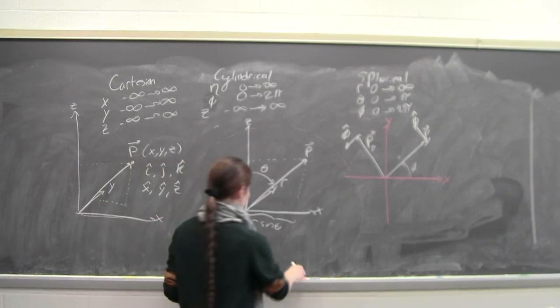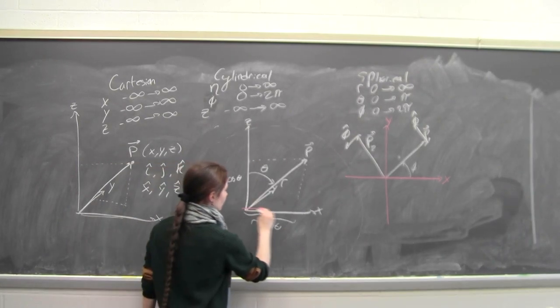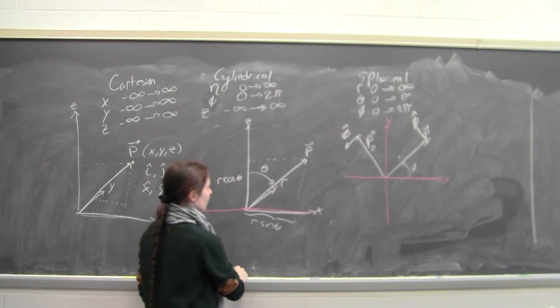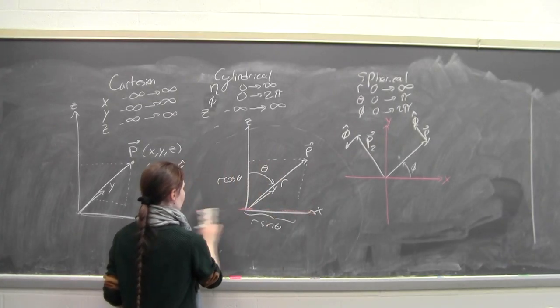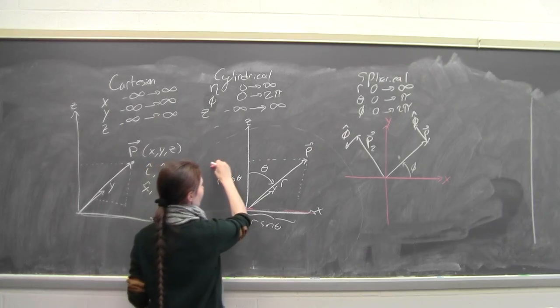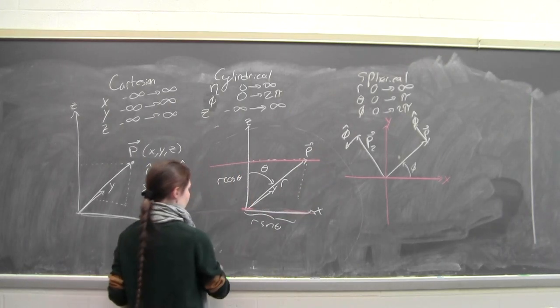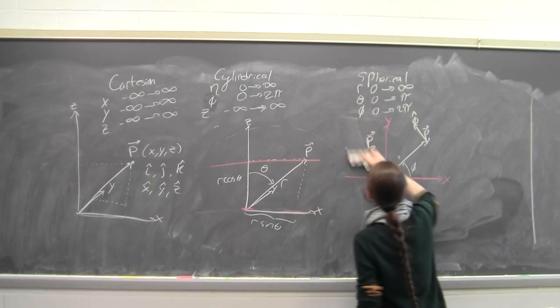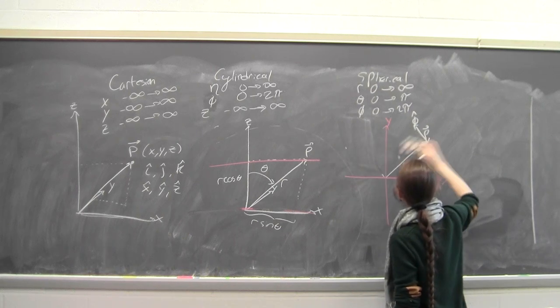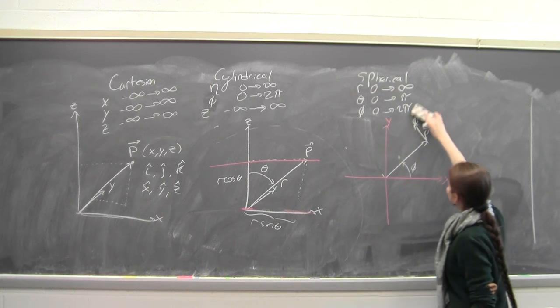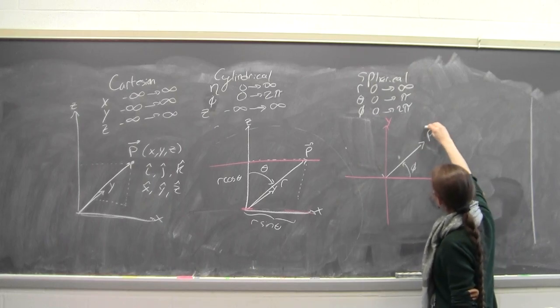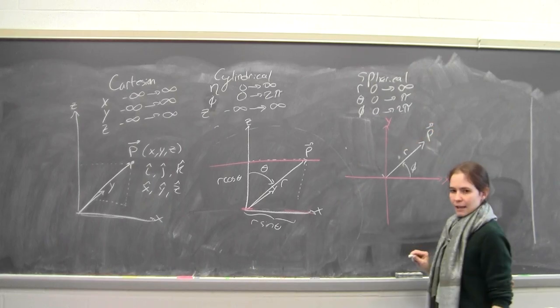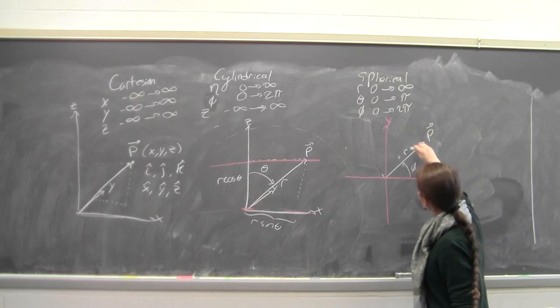So we'll, again, do our projection, or actually, we're projecting the vector itself, so we want to project it at this level. So I will uncomplicate this a little bit. We have our vector p, and it has a length r sine theta.